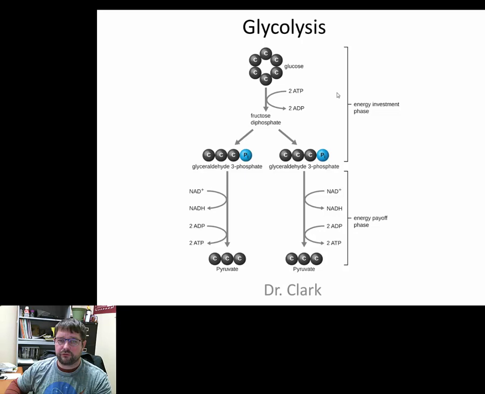And so we're going to have an energy investment phase where we're supplying ATP and an energy payoff phase where we're obtaining ATP. So we're going to look at these in more detail and go through all the steps of glycolysis and talk about what organisms have and the process by which this can occur.